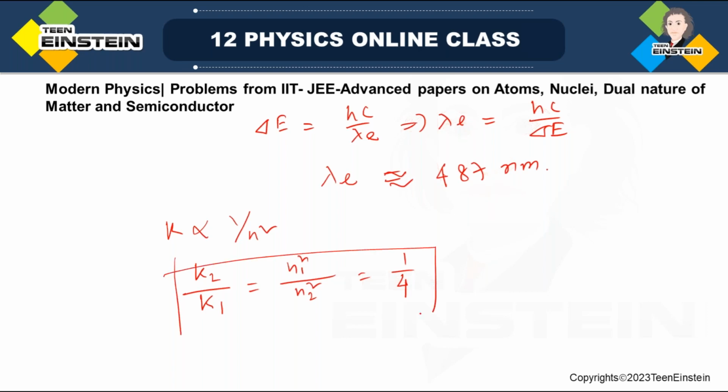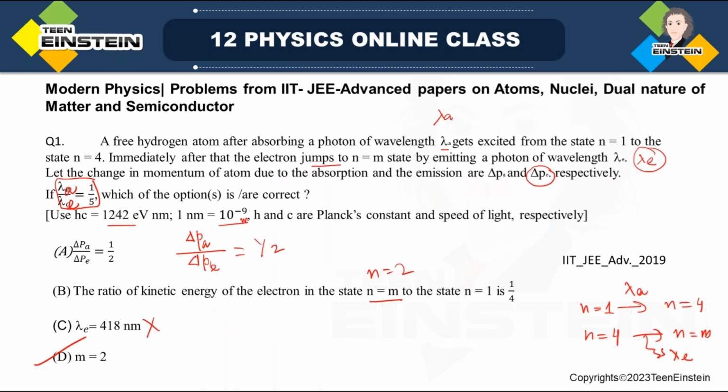So this is also correct. The ratio of kinetic energy will be 1 over 4, so that is true. So we have got this option as well.